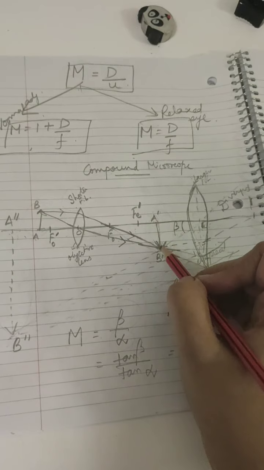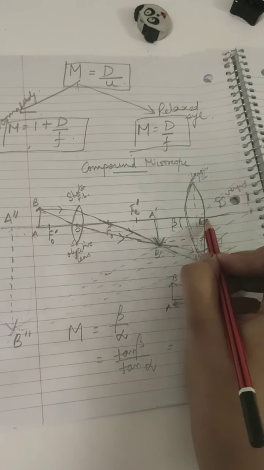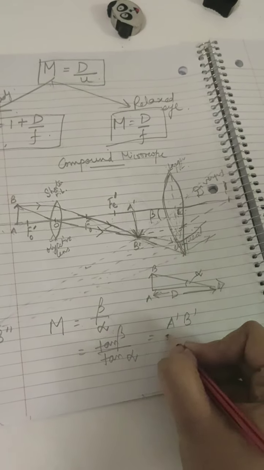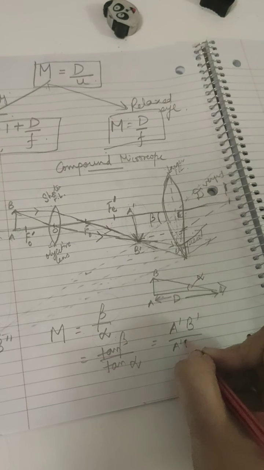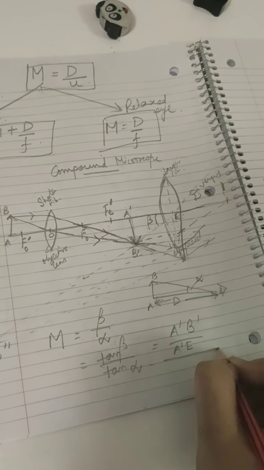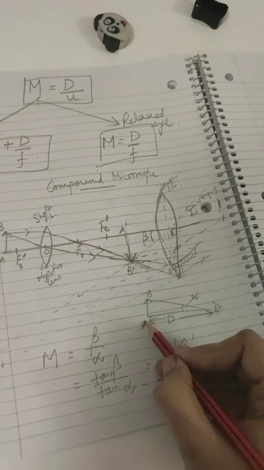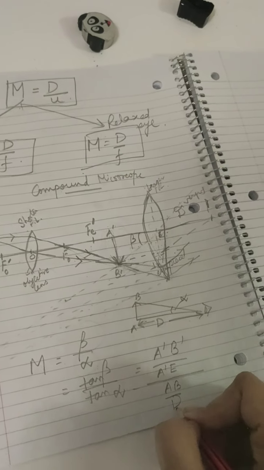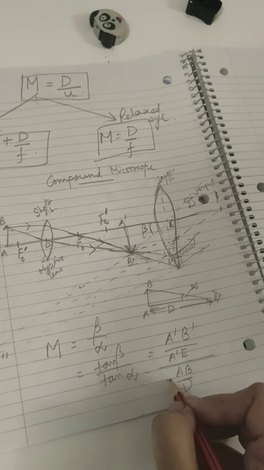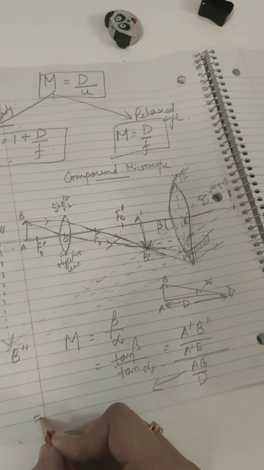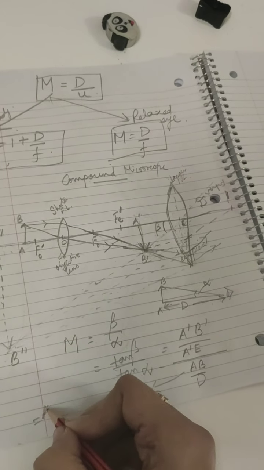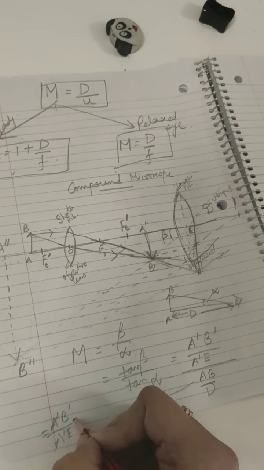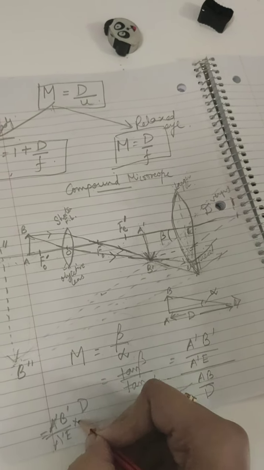And can I write A prime B prime by A prime E? And for tan alpha, what is it? Tan alpha is AB by D, as easy as that. So ultimately what is it becoming? I bring it here. It is becoming A prime B prime by A prime E into D will go up by AB.